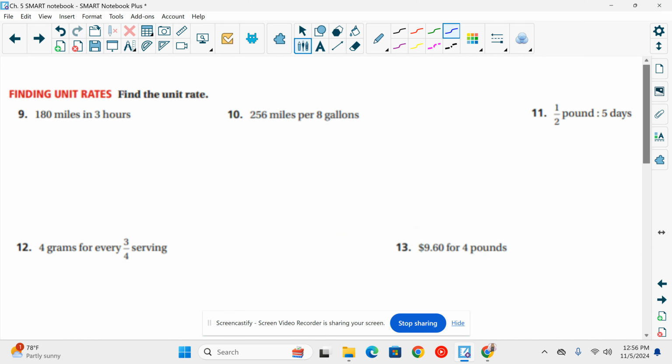The directions say find the unit rate. So remember, when you're finding the unit rate, it's R to 1. So like, in number 9, we're comparing miles to hours. So I have 180 miles in 3 hours.